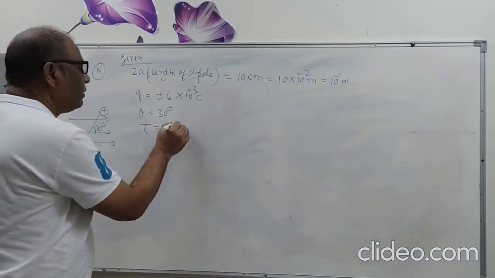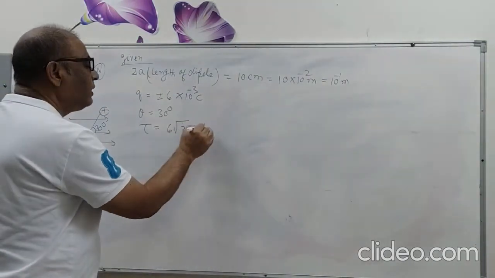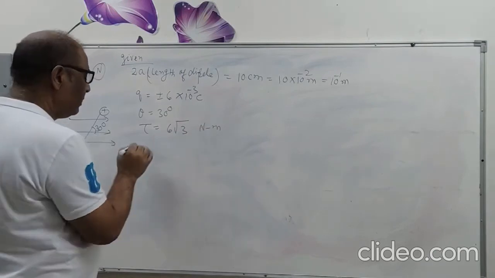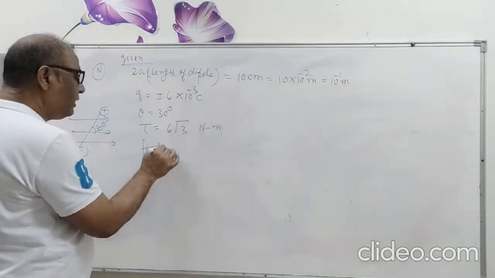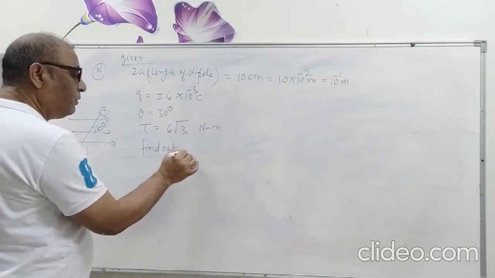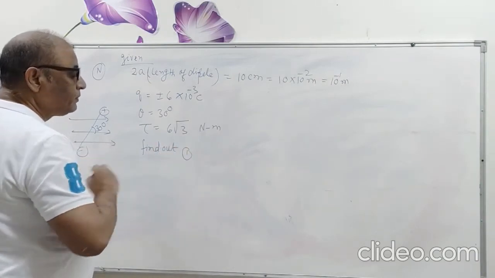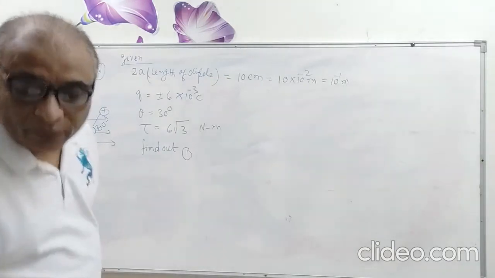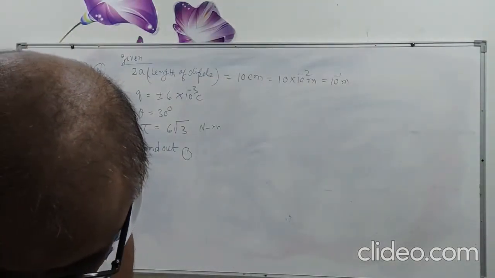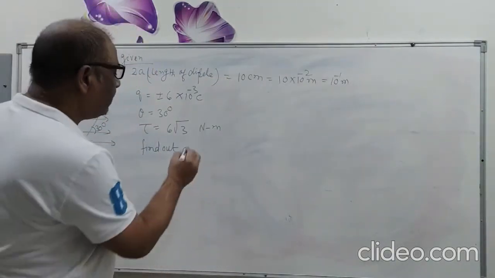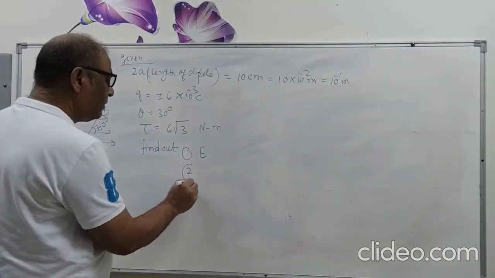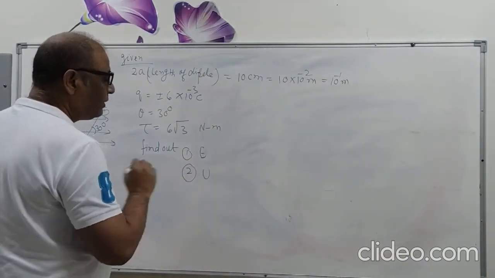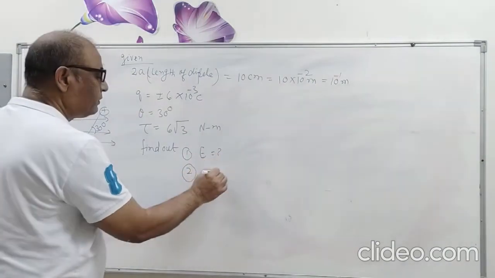The question is to find out, number 1, the magnitude of the electric field, and second, the potential energy.